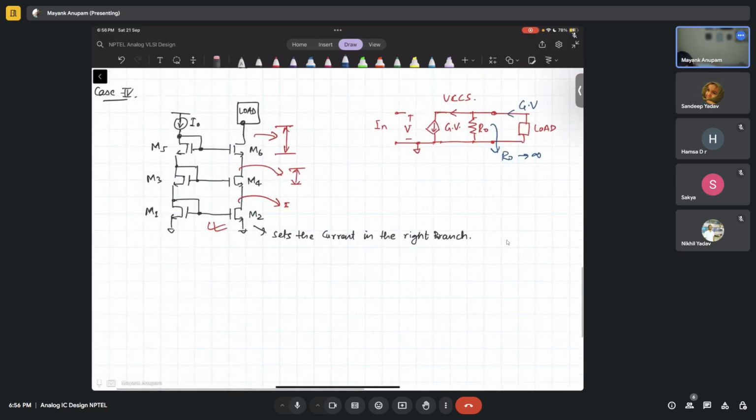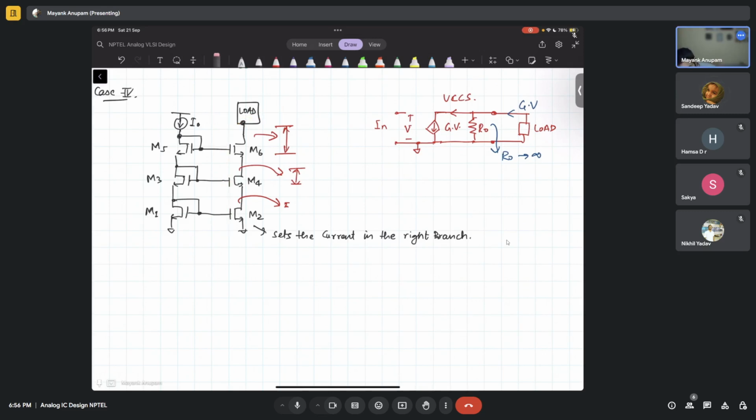If you see it from below, from the bottommost MOSFET, this is the current setting MOSFET. This is the guy who is setting the current. For this MOSFET, this current has to travel all the way from this place to this place, to the load, correct?